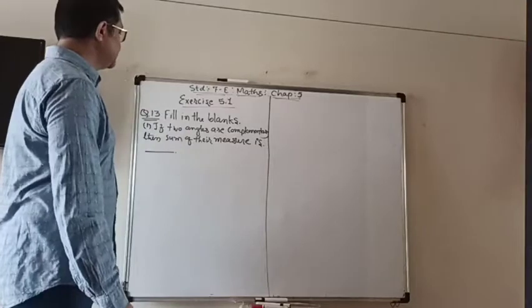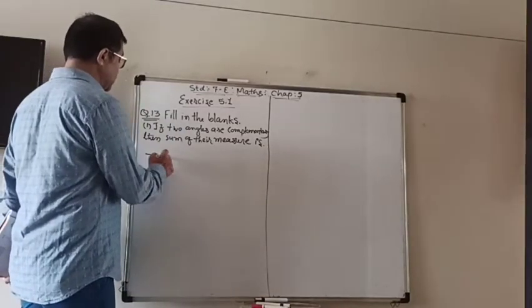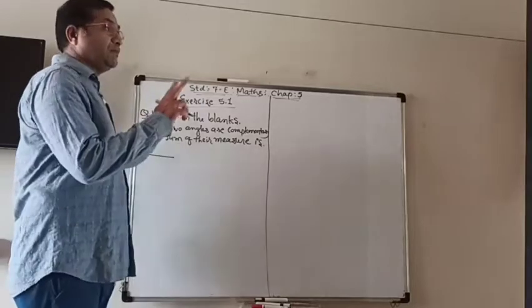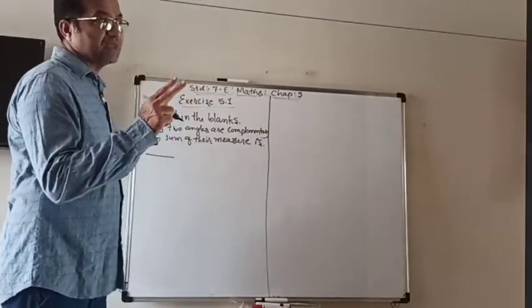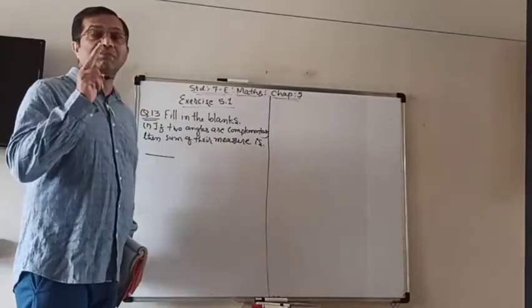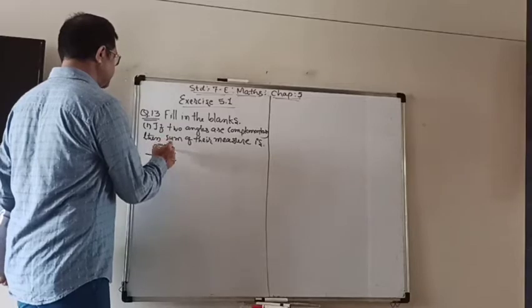We know that when two angles are supplementary or complementary, what is the meaning of it? Complementary means the sum of their measure is 90, and supplementary means the sum of their measure is 180. So here the answer is 90 degree.